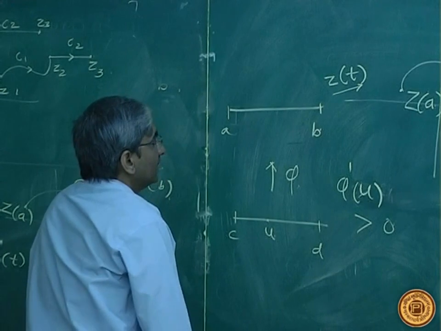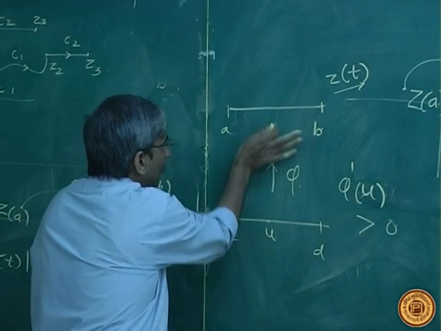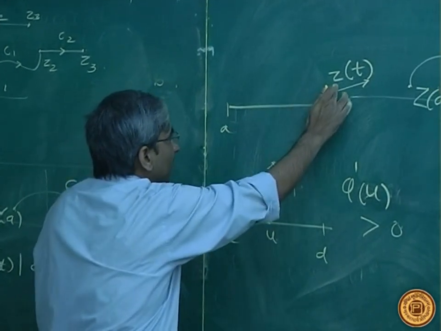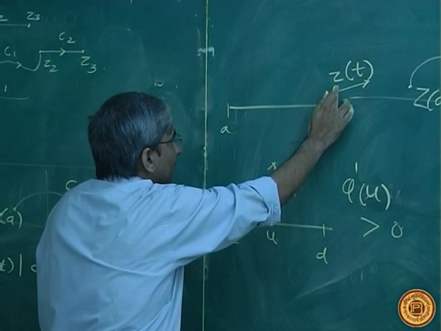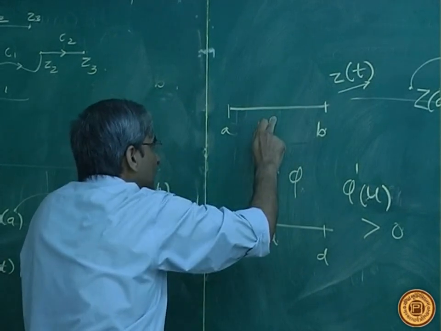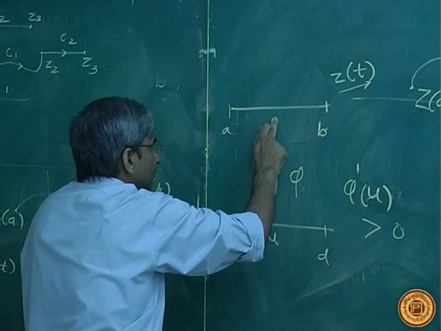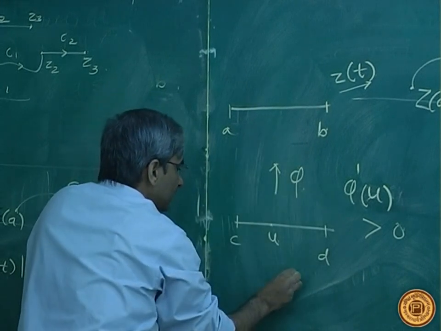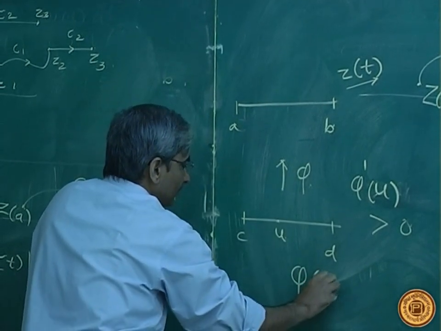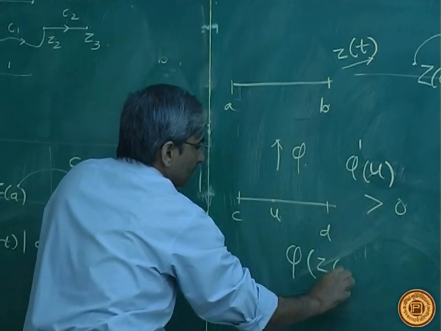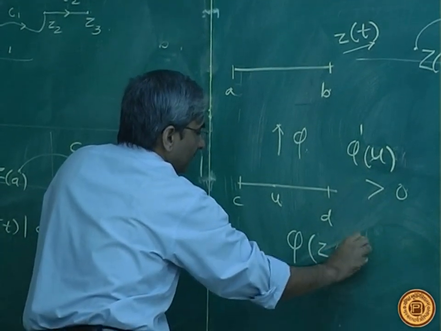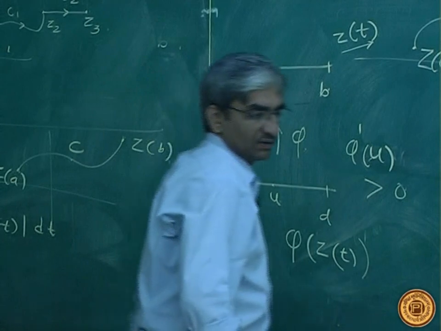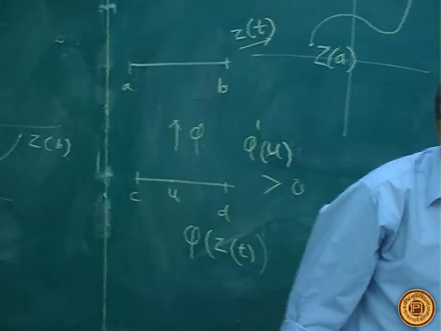Alright. Now I can apply phi on this z(t), because z(t) is a function on AB. So I can consider z of phi u, the other way around.